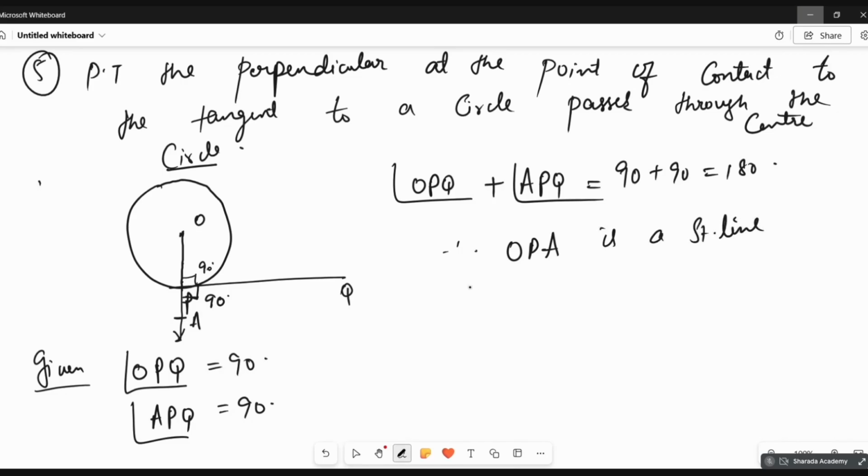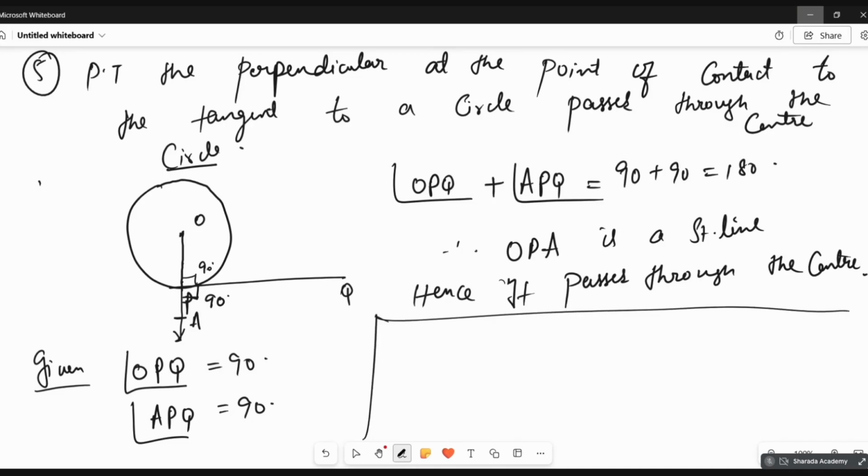Write down. Hence it passes through the center. Write down first, I'll explain. This is one way you can do.